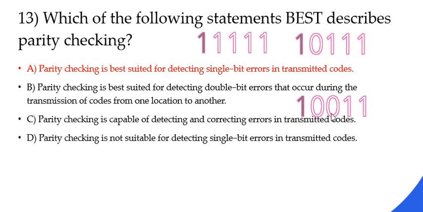Because if you have two, double bit errors, you can't do parity, because in this case you will be getting odd total ones. I have 1, 2, 3, three ones.